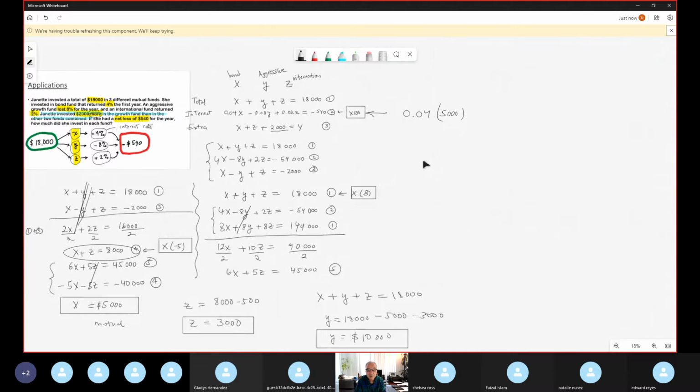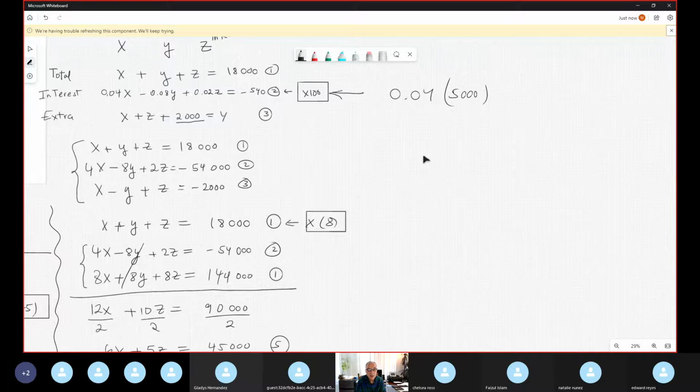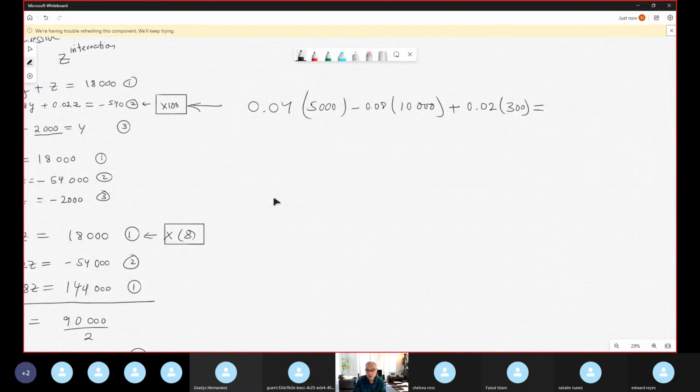Let me zoom in on that part. Minus 0.08 multiplied by y, which is 10,000, plus 0.02 multiplied by 3,000 should be equal to minus $540.